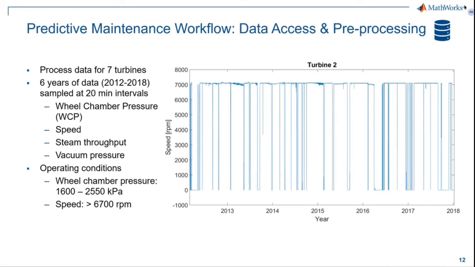So if we take a look at the graph on the right, which is a plot of the speed against time for a single turbine over that 6-year period, it means it's the operation in this region, which gives us information about the performance or the efficiency of the turbine. And remember, what we're trying to do is predict the remaining useful life of the turbine. In other words, when next will we need to maintain our turbine? And that deviation from normal operations can only be seen within this region.